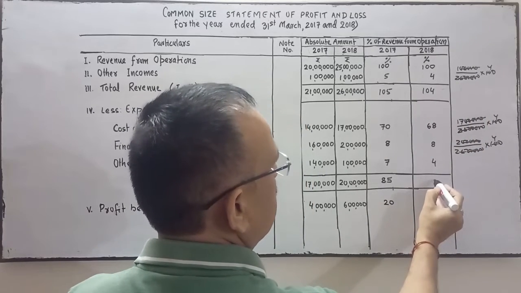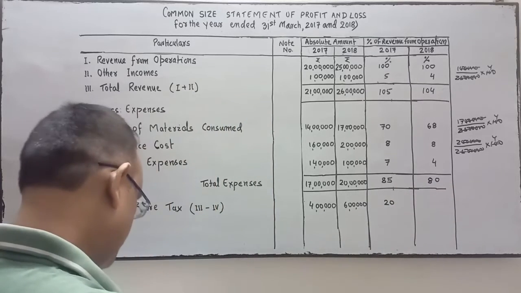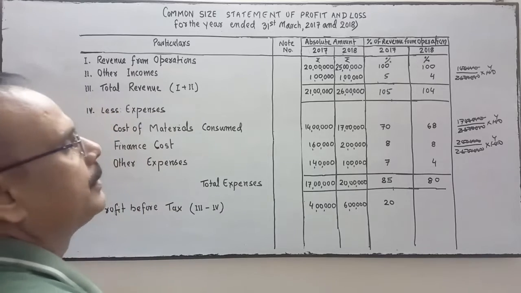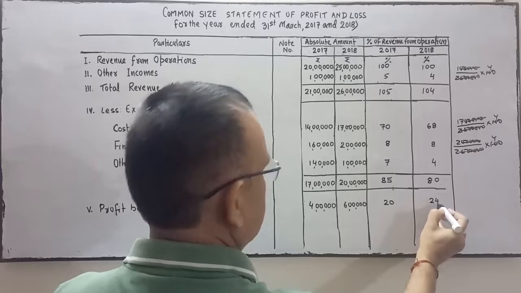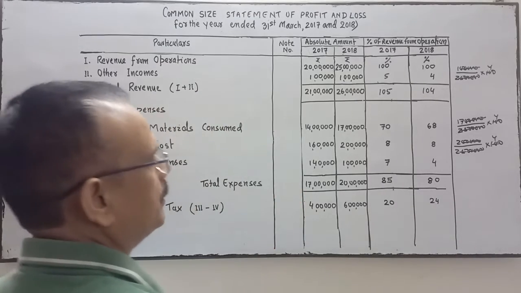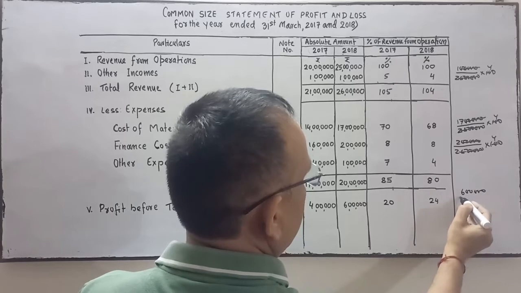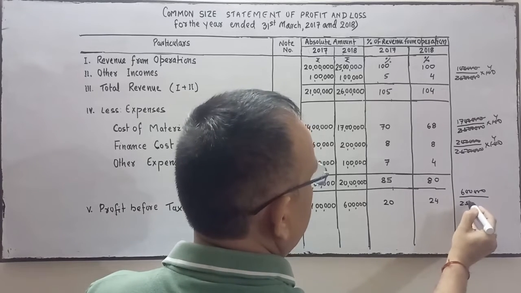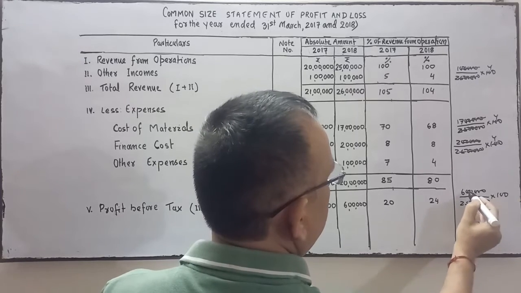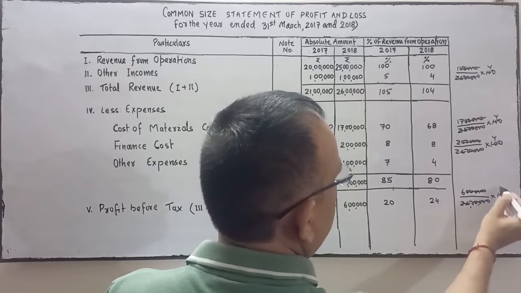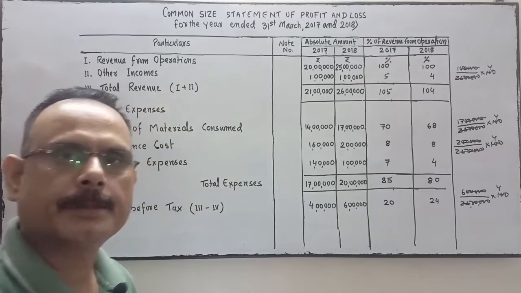So the total percentage is 80. So 104 minus 80, it's 24%. You may calculate it: 6 lakhs net profit before tax upon 25 lakhs revenue from operation into 100. Okay, so it is 24%. Is it clear? So this way we will calculate the percentage.